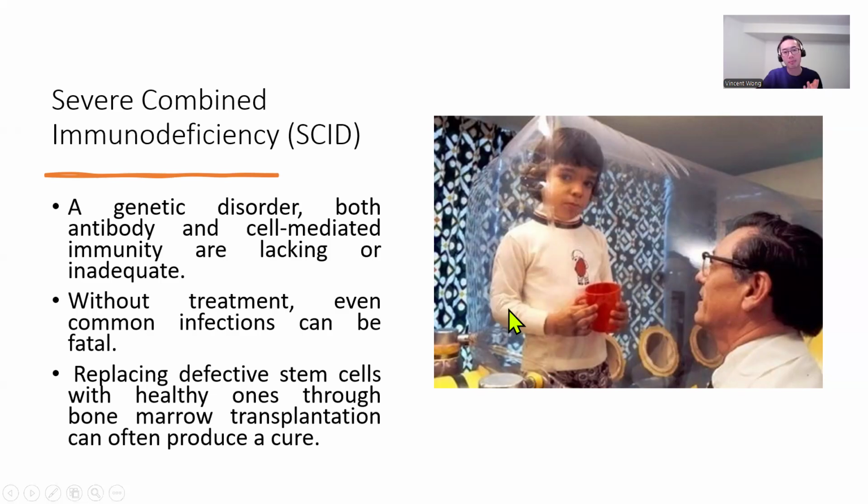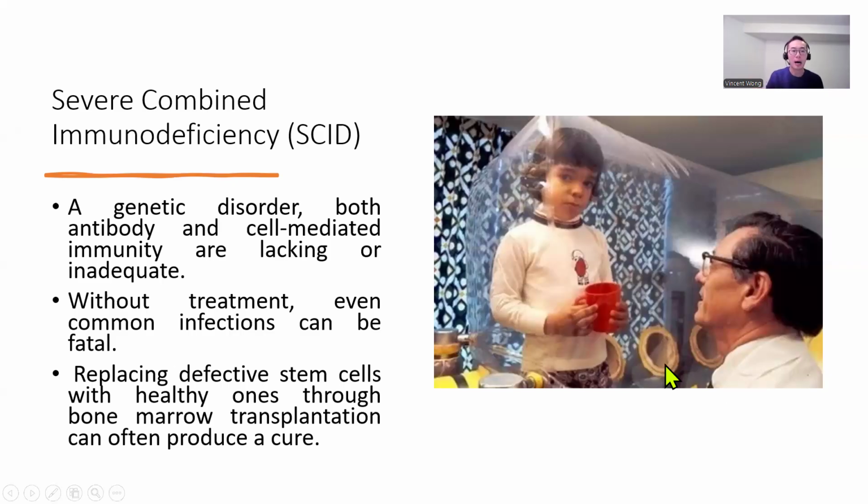Because he had no immunity, he would have gotten infected just by normal exposure to the air. So they couldn't let the boy grow up outside of a sterile environment. NASA, the space people, helped develop this bubble for the baby to live in. These holes are basically for the parents and the doctors to interact with the boy, and they have to wear gloves through the holes here.